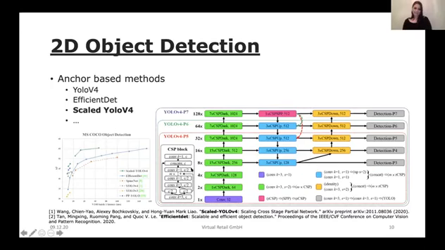So EfficientDet was setting a benchmark for a long while with the largest model, although it's really slow, but it performs well. And then the Scaled YOLO V4 P7 model runs slightly better than the largest model of EfficientDet, but twice as fast. So it's a very interesting paper to look at.